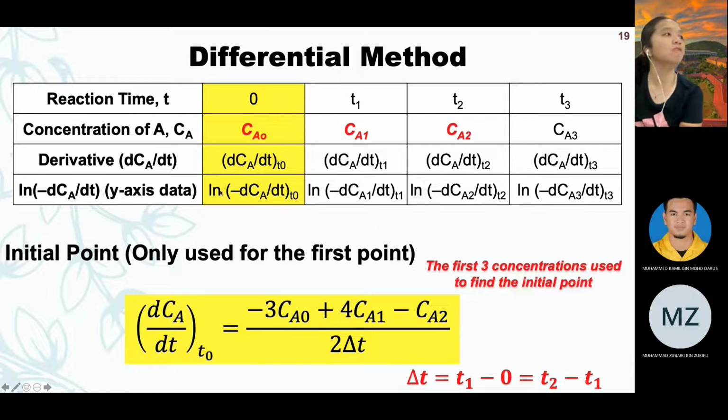So, to find that dCA per dt in the yellow box, the formula is given. You can see here, dCA per dt at T0, because it is the initial point, equals minus 3 CA0 plus 4 CA1 minus CA2 per 2 delta T. So you must remember, this formula is already given. Okay, that is for finding dCA per dt for the first point. Students always get confused, which I can understand, about what CA0, CA1, CA2 are.